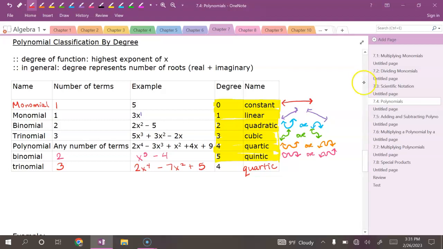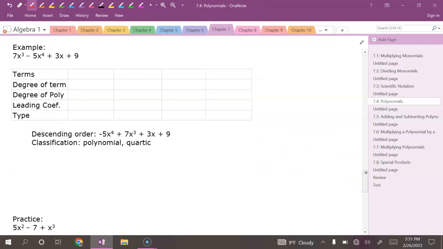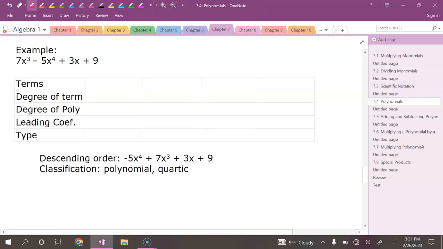Okay, so I want to show you how to do this. And then I'm going to give you some time to practice, all right? When I look at these examples, the very first thing that I'm going to try to make sure I do when I'm putting them in my table is to go ahead and put them in that descending order. Like I said, they're not always going to give it to you in order, and the reason why they do that is because they want to make sure that you're paying attention.